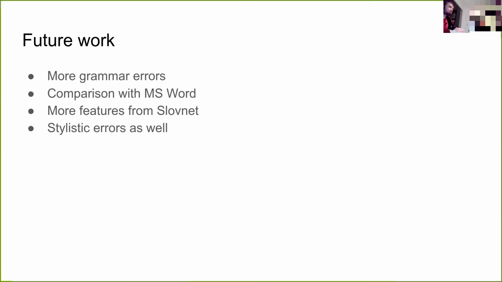Then we want to try to get more features from the SlovNet network from under the hood. Again, what we see in anecdotal evidence is that when we analyze the syntax of incorrect forms, you get something strange, something weird, something you shouldn't be seeing.